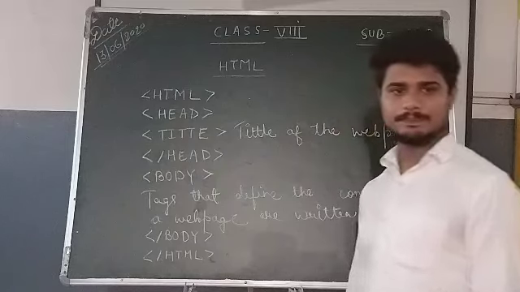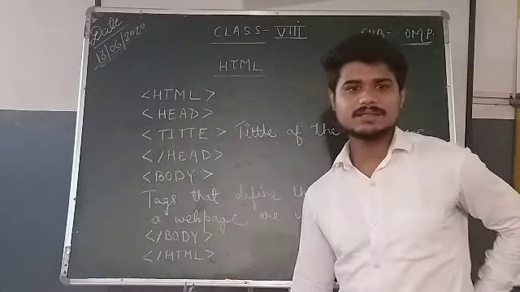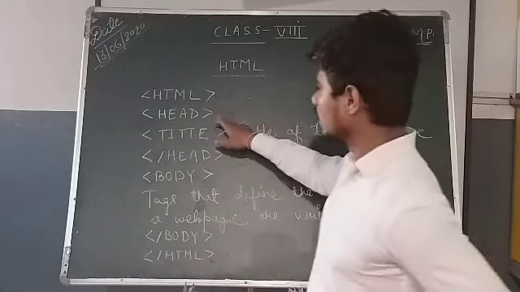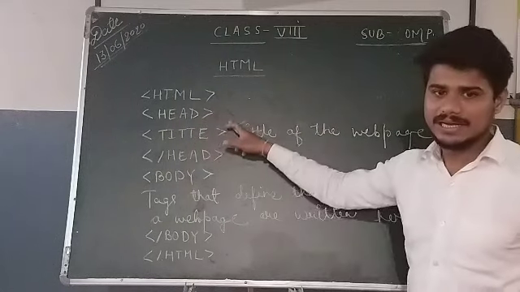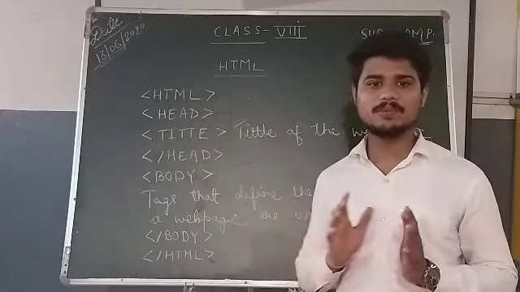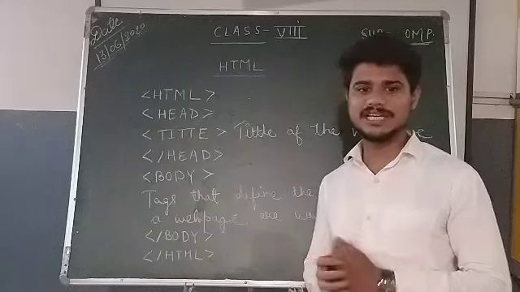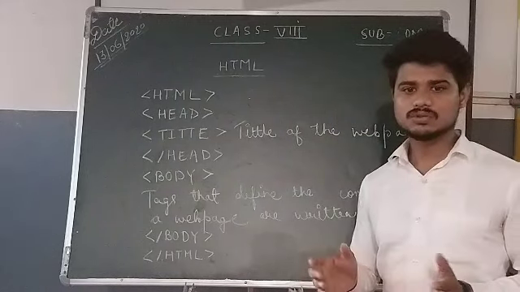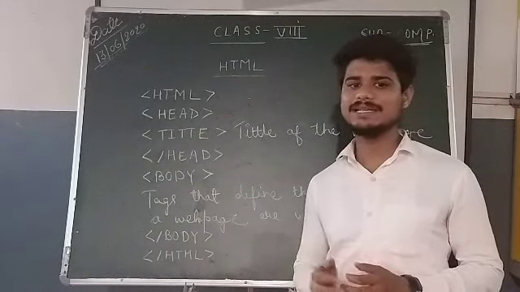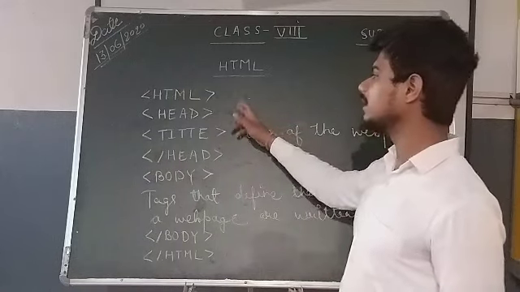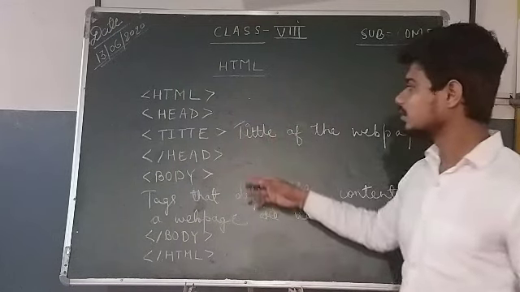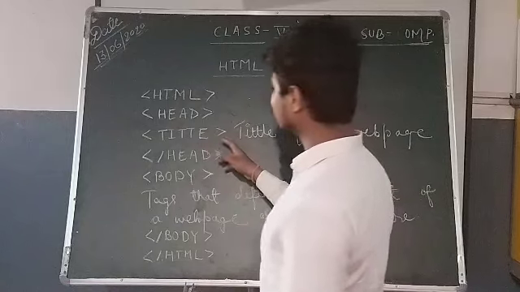Now students, the head section. The head tag is used to provide information like the title, scripts and so on about a web page. It is also a container tag. Now we reach the title section.